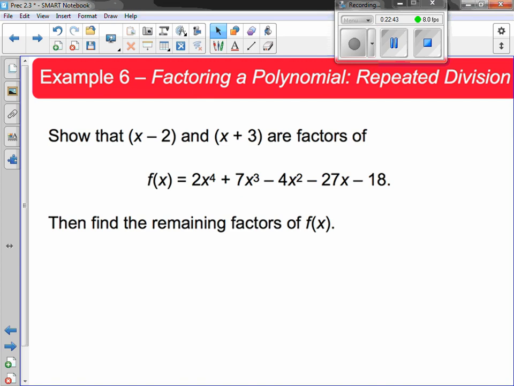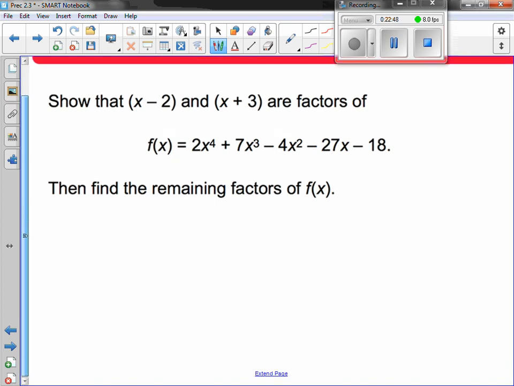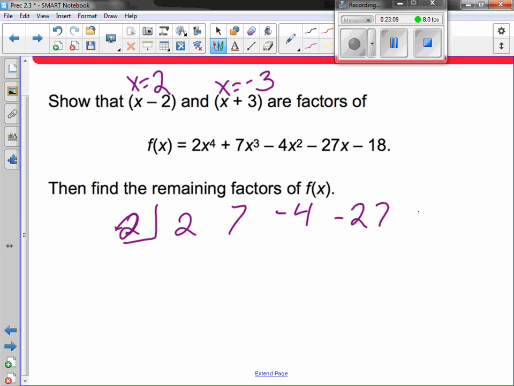So we can do this here. Show that these two are factors. So this here would be x is equal to 2, and this is x is equal to negative 3. Which one do we want to do first? So positive 2. We have 2, 7, negative 4, negative 27, negative.